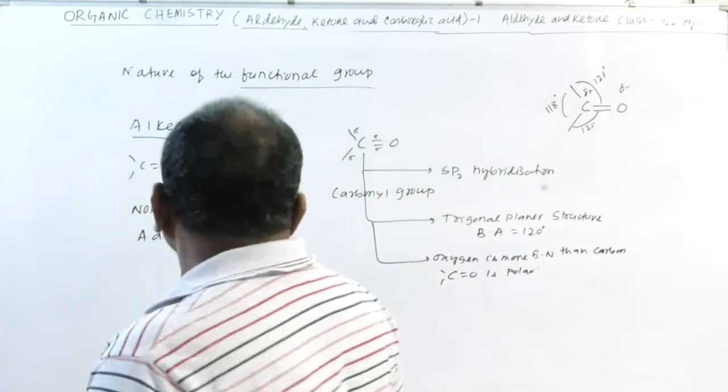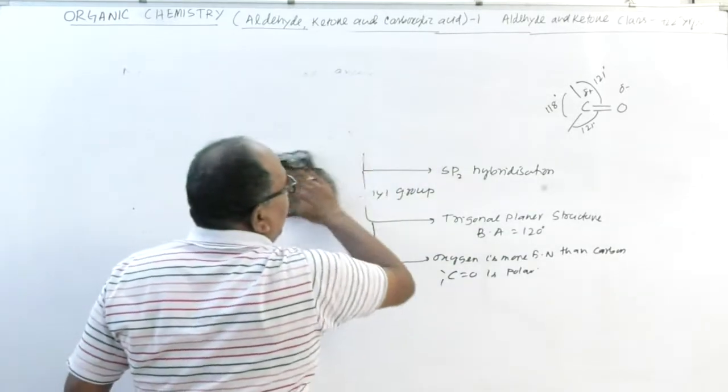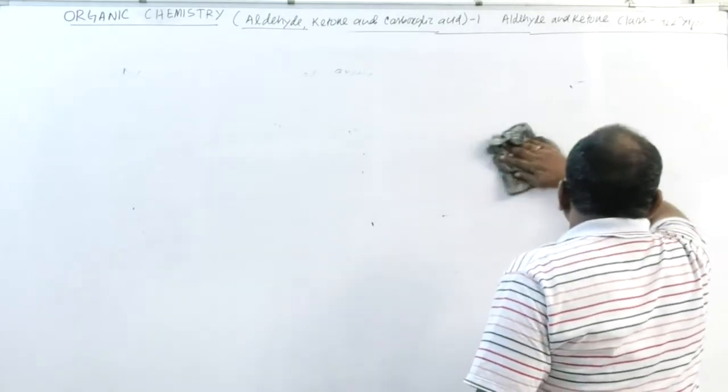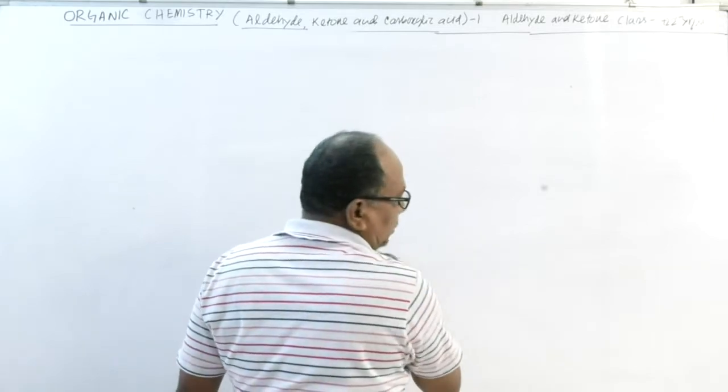Okay, this is about the structure or nature of the functional group. Actually, carbonyl group is polar in nature due to difference in electronegativity between carbon and oxygen.